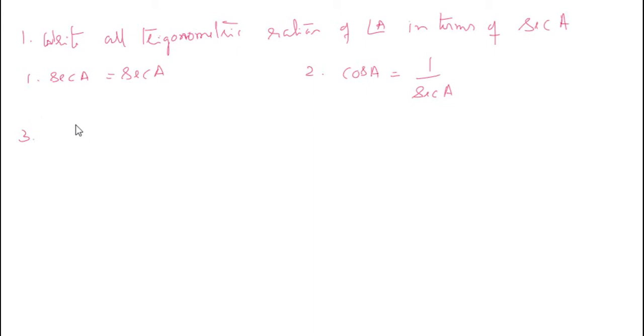Now third one, let us try for sin A. We know from the first identity, sin square A plus cos square A equal to 1.